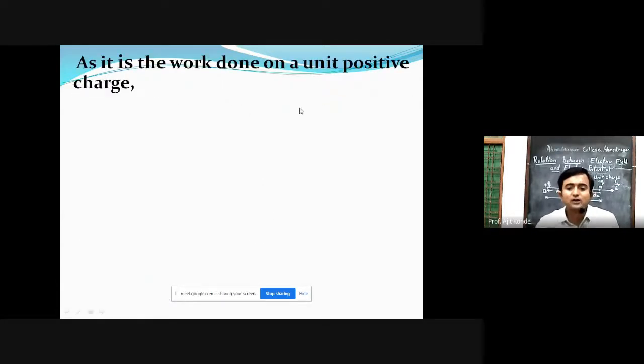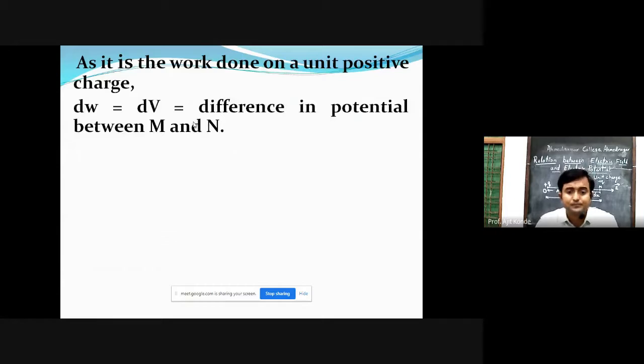As it is the work done on a unit positive charge, I told you that the charge is unit positive charge. Now, since it is a unit positive charge, work done will be not electric potential energy. It will be electric potential.